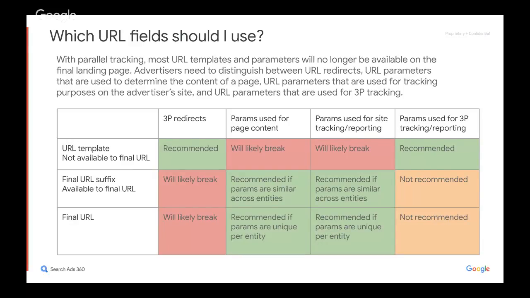That one is fairly straightforward, but then the next ones might be a bit complicated of identifying what they actually are. So we can, for example, have parameters that are actually being used for page content. And this is often true for very dynamic websites, for example, in e-commerce. What can be a parameter that is used for page content is, for example, if I go onto my favorite e-commerce site and I search for sneakers.